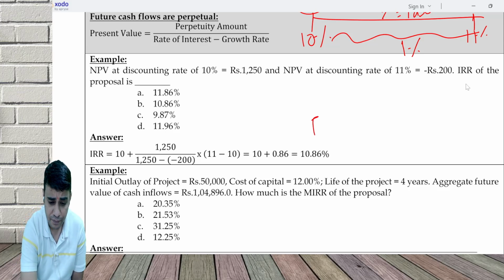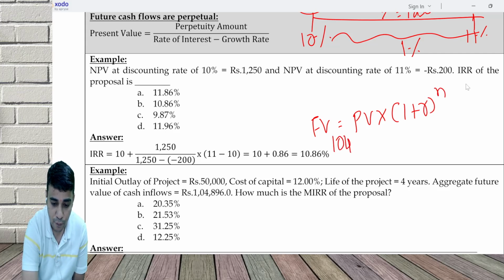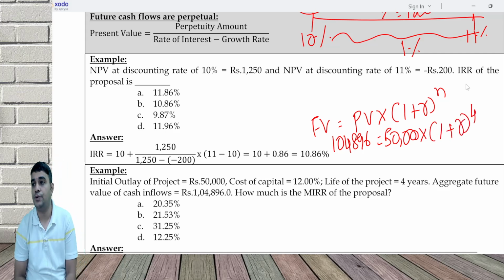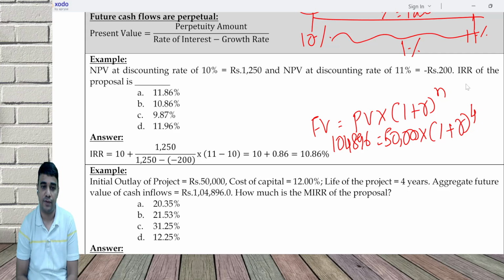How will we do this? Future value is equal to present value into 1 plus R power n. I am getting 1,04,896 equal to 50,000 into 1 plus R power 4. Cost of capital is of no use to me. It is used to calculate MIRR, but as of now it's of no use because the future value is given. You divide by 50,000. One square root will make it 1 plus R whole square.